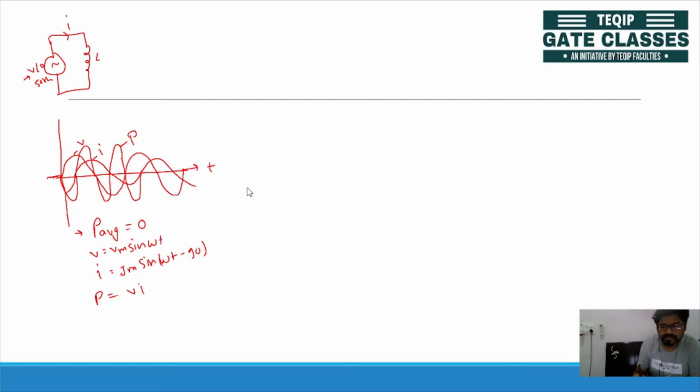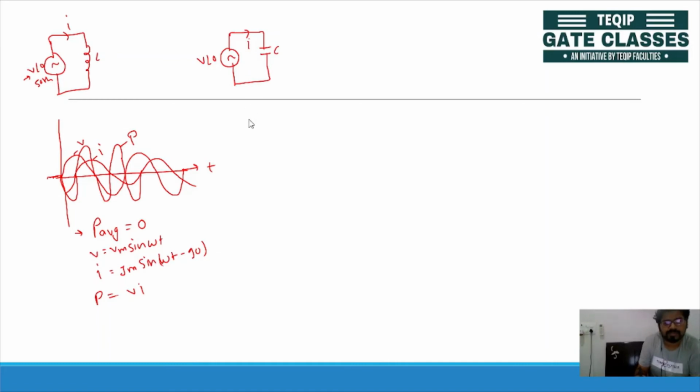Now let's discuss the sinusoidal behavior for a purely capacitive circuit. Here you have input V angle 0 and a capacitor.